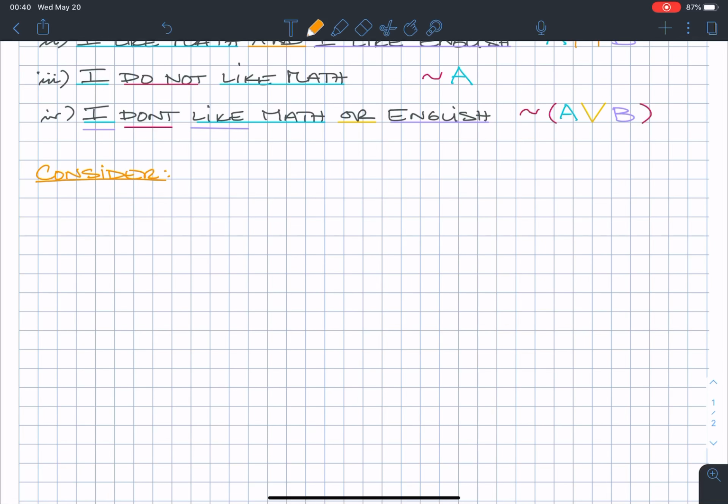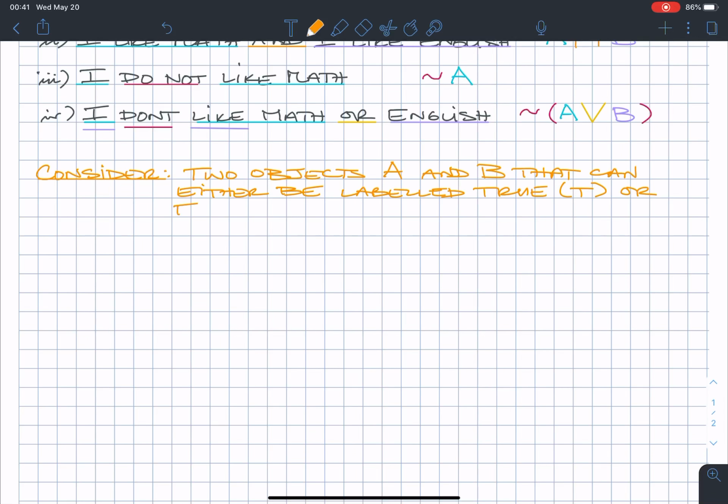We're going to consider two objects, capital A and capital B, that can either be labeled true, capital T, remember we're using capital T for true, or false, capital F for false, right?